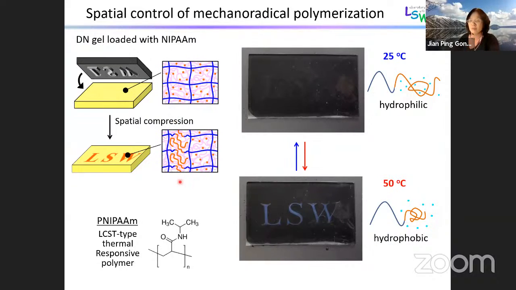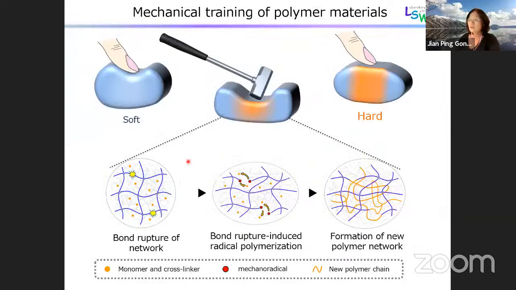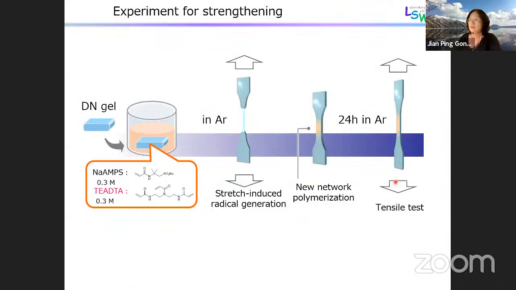So as the simplest example to change the mechanical properties, we need to add crosslinkers in addition to the monomers. With the crosslinker and the monomers, if at the ends of the broken chains we can form a polymer network, then this polymer network might change the mechanical property of the gels. In order to do this, in addition to the monomers, for example in this case, we use the monomer with a vinyl bond here, and also we use the crosslinker.